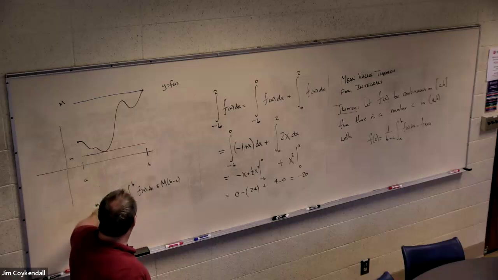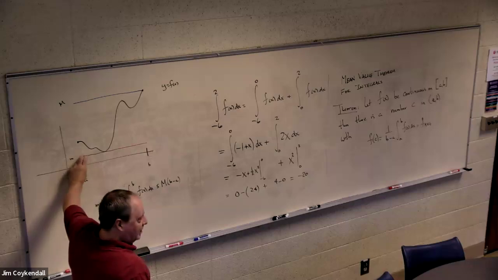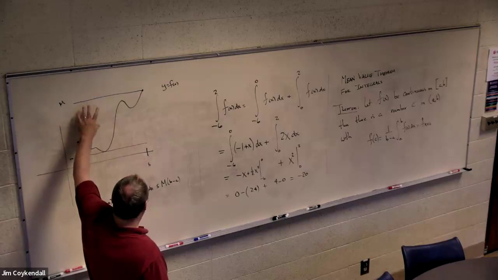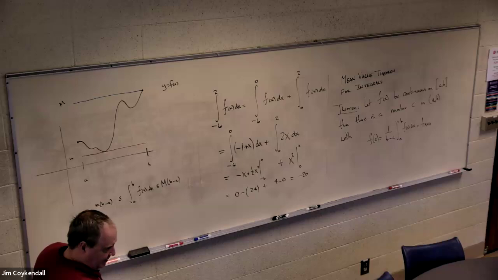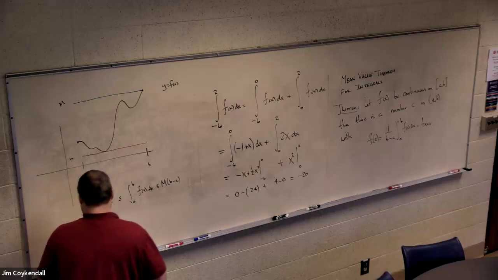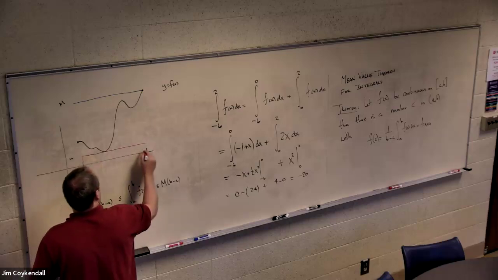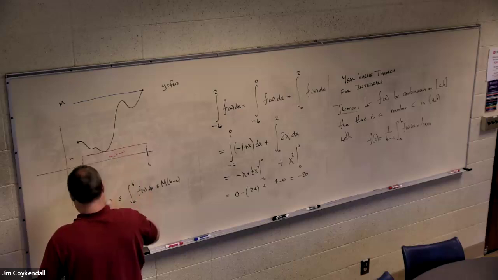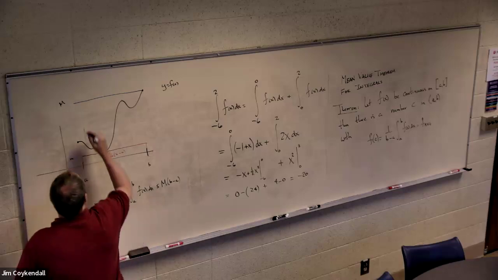What this really says is the area under the black curve is bigger than the area topped by the red box, and it's smaller than the area topped by the blue box, all the way down to the bottom.